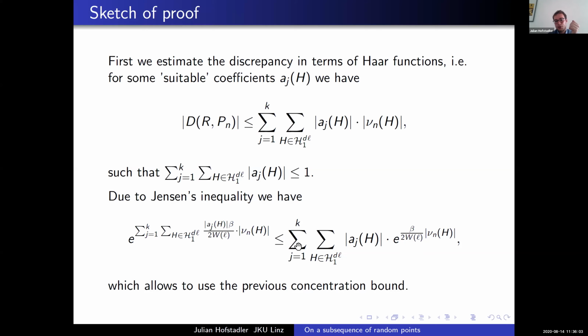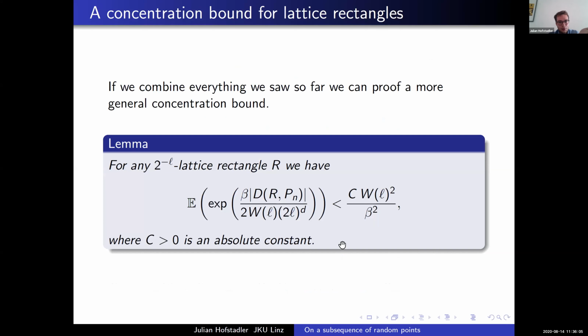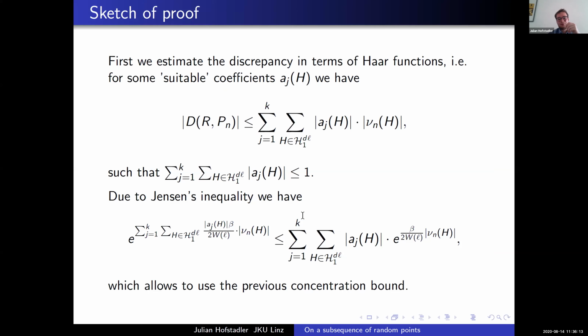And so that's basically the end of the proof. And yeah, the 2L to the D is somewhere hidden in these coefficients A. But it's a bit technical, but not that hard overall.